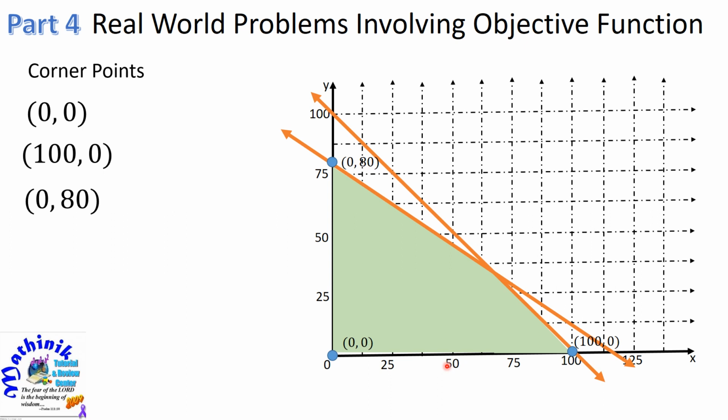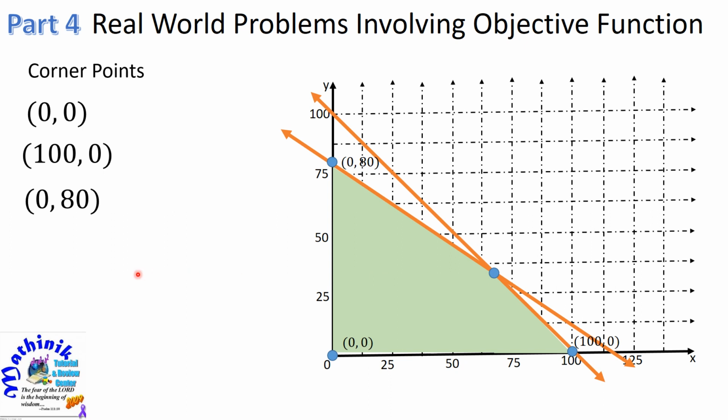And we have a fourth corner point at the intersection of the two lines identifying our system of linear inequality. So in this case, it would be difficult to estimate the point of intersection.